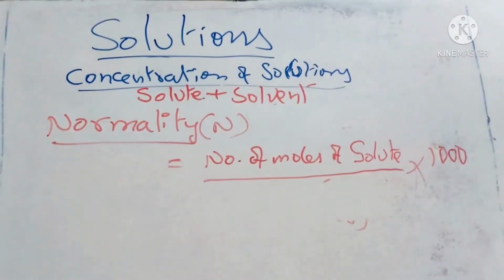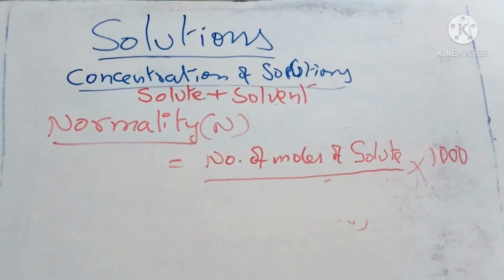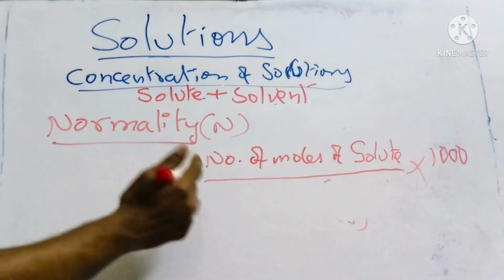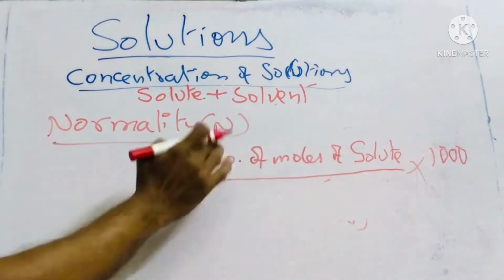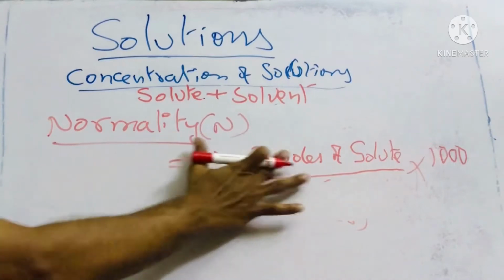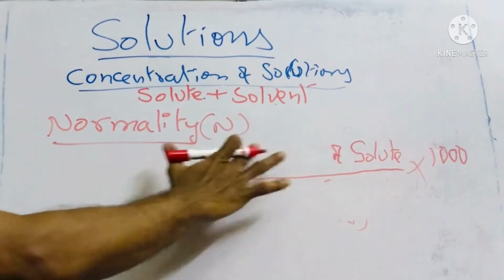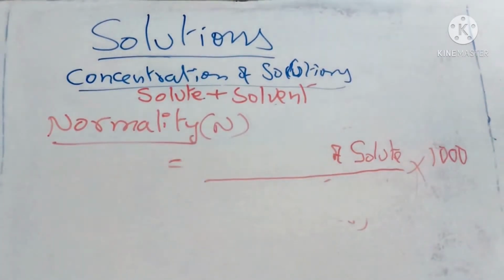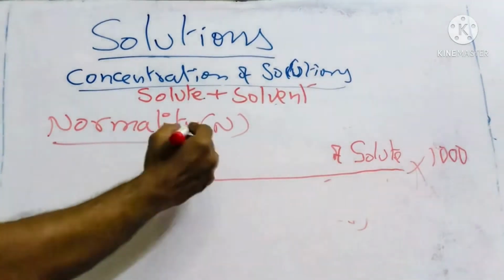Now we take the same thing, but instead of the number of moles of solute, we write the number of gram equivalents of the solute.